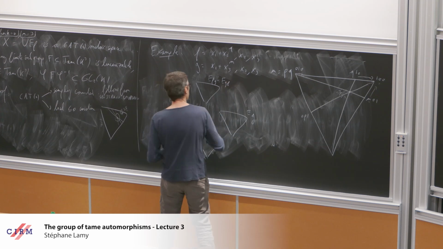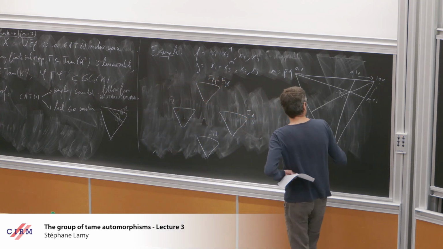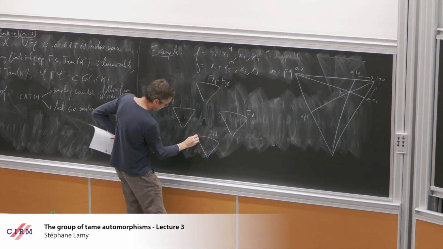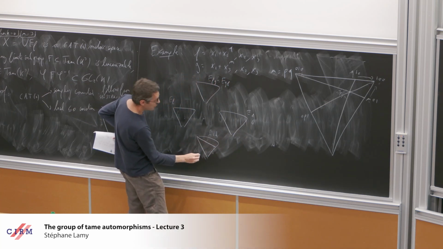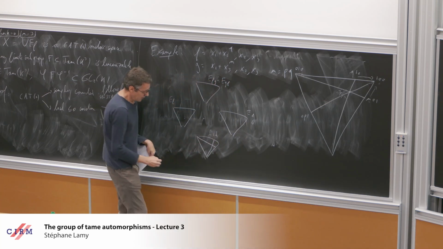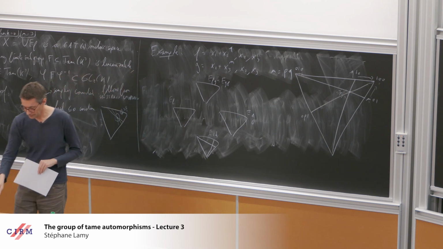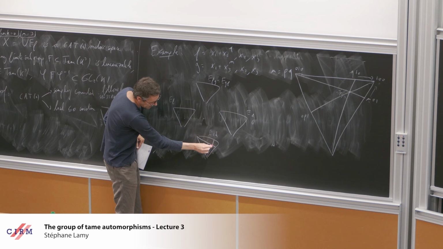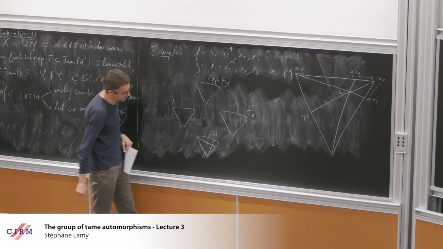It's the same because they commute. Okay, and now I look only at these 2 lines, so this one, and what is the other one? This one. Okay, so I start from here.